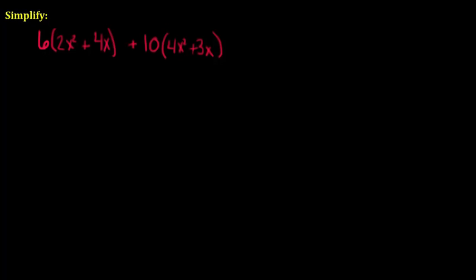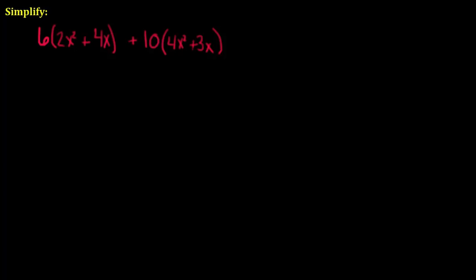They're asking to simplify 6 times (2x squared plus 4x) plus 10 times (4x squared plus 3x). So again, we're going to distribute first. So we'll take 6 times 2x squared. 6 times 2 is 12, so we have 12x squared.